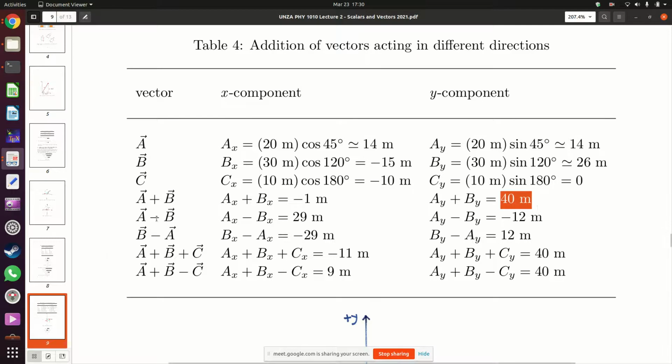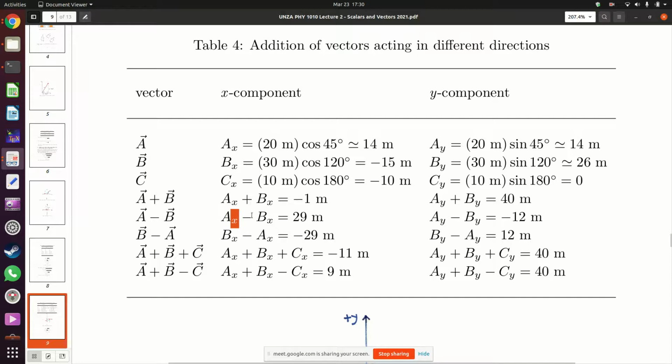Next, a minus b. For each of these, we want to find the size of this resultant vector combination along the x-axis, and the size along the y-axis. So we move on to a minus b. To work out a minus b, it is ax minus bx.